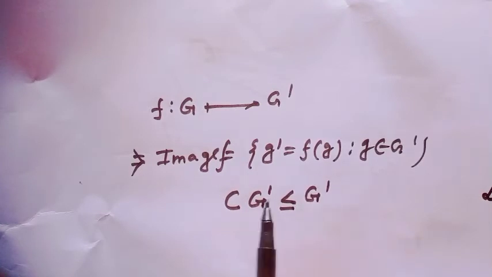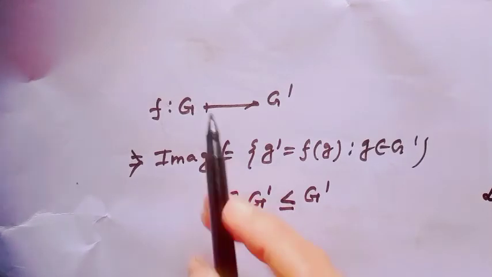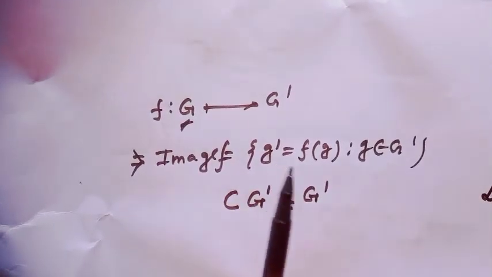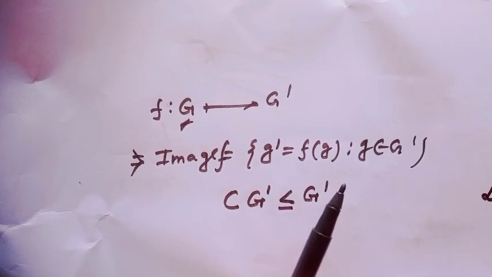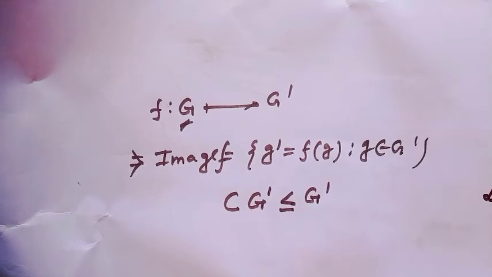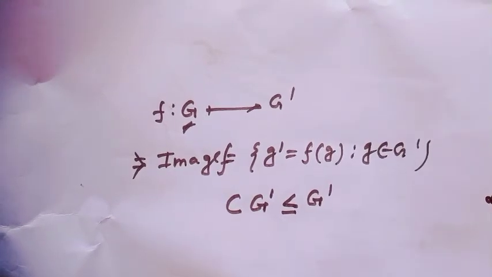I have told you the kernel of f is a subgroup of G, but the image of f would be a subgroup of G prime. Okay, and I leave it for yourself. Prove why this is a subgroup. This is an easy method. Just try.